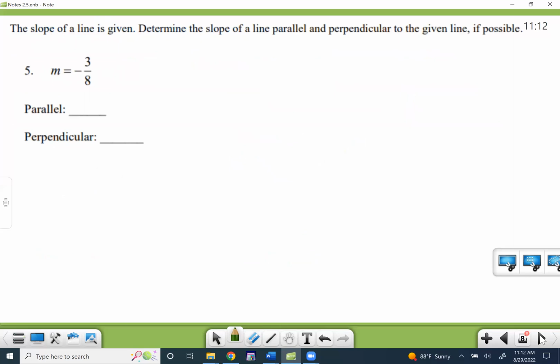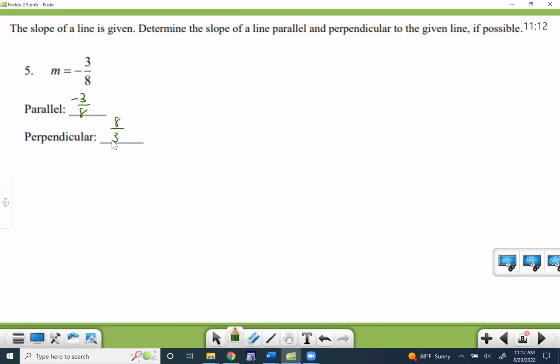All right, so let's go in here, go through some of these. The slope of a line is given. Determine the slope of a line parallel and perpendicular to the given line if possible. All right, so we already know parallel lines have the same slope. So if the original line slope was -3/8, our parallel line will have a slope of -3/8. Now for the perpendicular, we have to flip it. So instead of 3/8, it's 8/3. And then we have to change the sign.